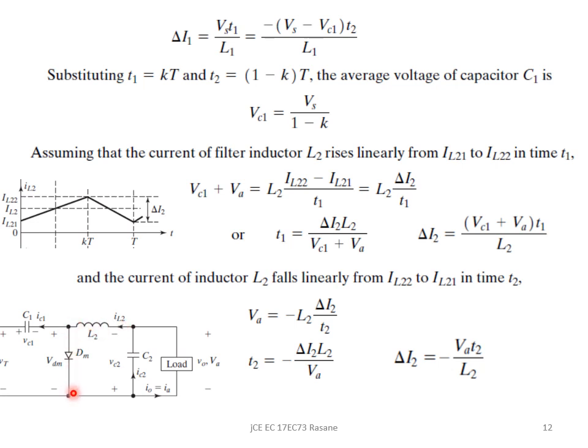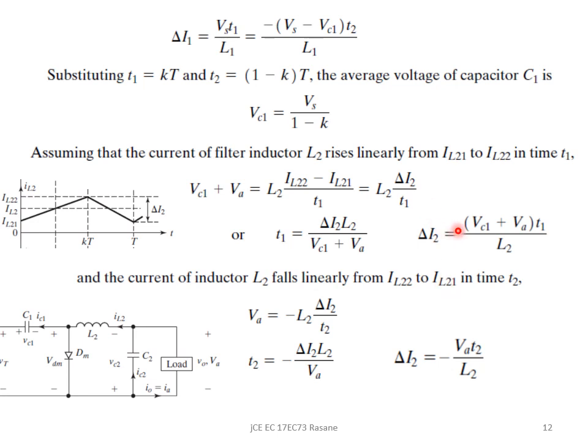This is on, and this point is nothing but VA. So that time VA is equal to, since the current is falling, minus L2 into delta I2 by T2. Taking T2 on the left hand side, I will get T2 equal to minus delta I2 into L2 divided by VA, or taking delta I2 on the left hand side, I will get VA into T2 by L2.